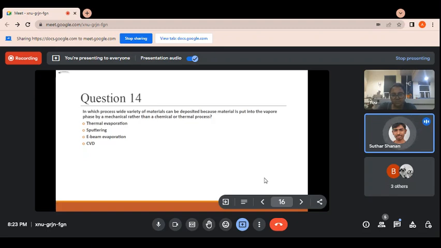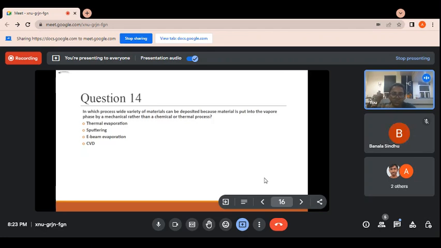So sputtering. Okay. Banala Sindhu, what is the right answer? No, ma'am. I think it is only thermal evaporation or e-beam evaporation that puts material into the vapor phase, ma'am. But here it says a mechanical rather than a chemical or thermal process.